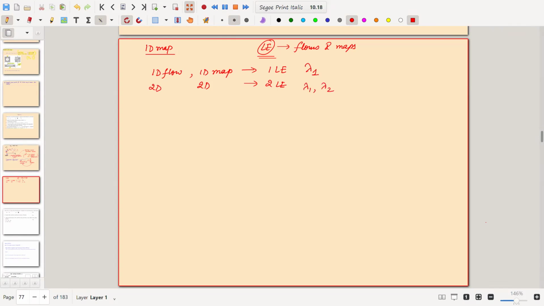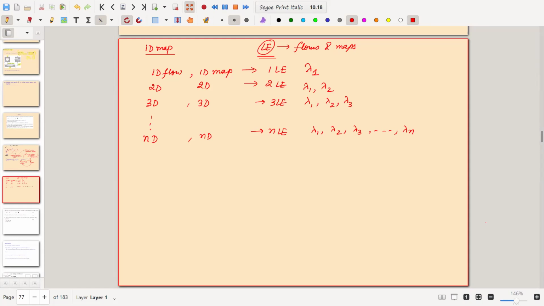Suppose you have a 3D flow and a 3D map, then you will have three Lyapunov exponents: lambda 1, lambda 2, lambda 3. Therefore, for an n-dimensional system, you will have n Lyapunov exponents: lambda 1, lambda 2, lambda 3, and so on up to lambda n.